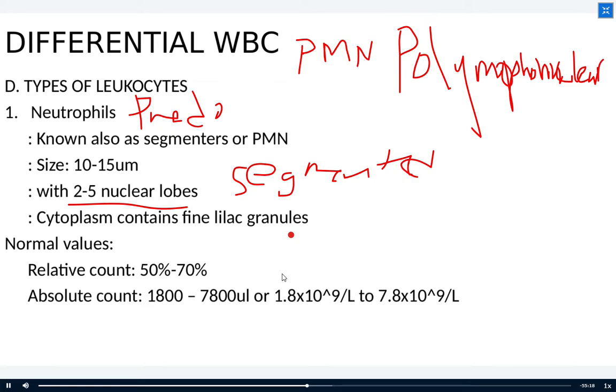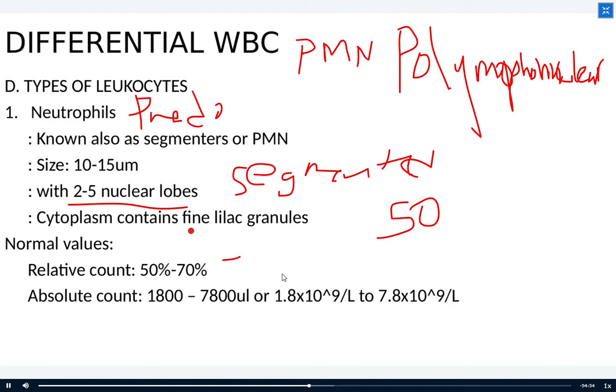Now, whenever you're gonna report your leukocytes or your WBCs, there are two types, the relative count and the absolute count. Now, your relative count class is directly proportional. So let's say nakabilang ka ng 50 na neutrophils, that is 50%. But your absolute count class, there is a computation for that. I will teach that to you in a different topic.